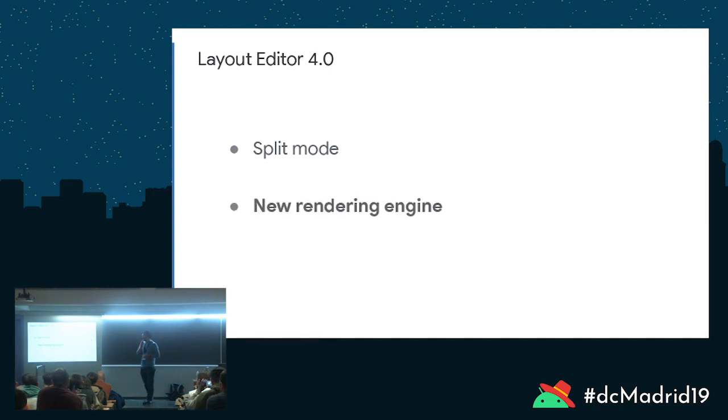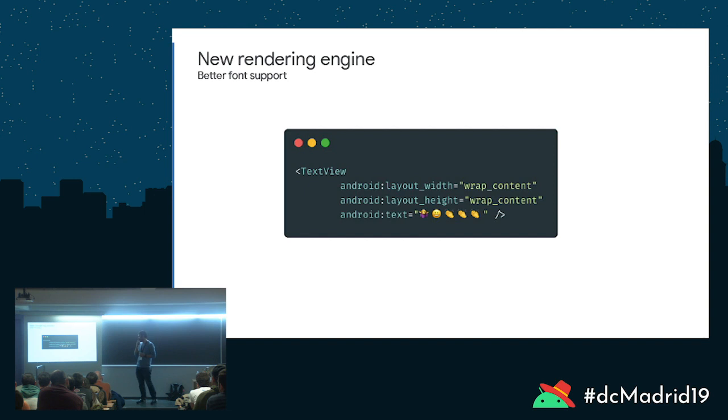The other thing is, for Android Studio 4.0, we have a new rendering engine. And the new rendering engine is meant to solve a lot of the problems that I mentioned before, like, oh, it doesn't render, or it doesn't really look the way that it looks on my device. I'm going to give you a few examples of things that we've seen. The first one is this. You will be surprised how many people complain about this. I wouldn't expect it, but that's the case. So we just have a bunch of color emojis.